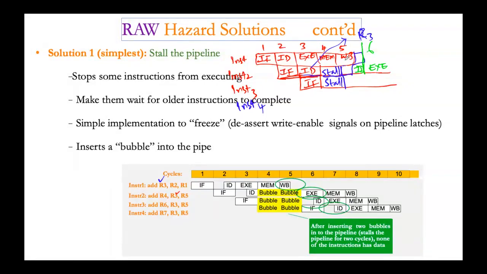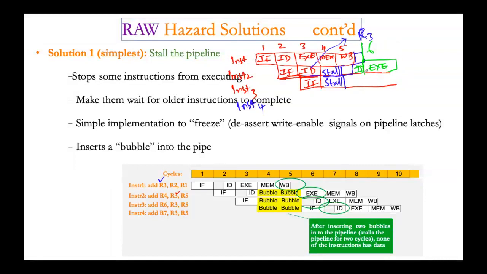Because in cycle 5, the first instruction writes the result into R3, so in the second half cycle, instruction 2 reads the data from R3. Then in the sixth cycle, instruction 2 enters the execution phase.